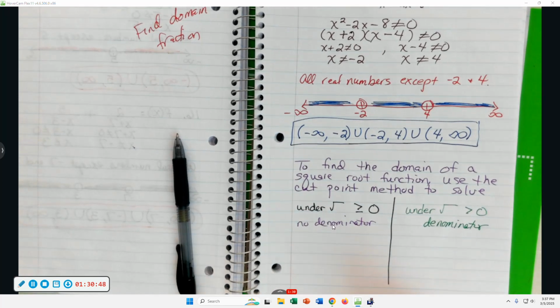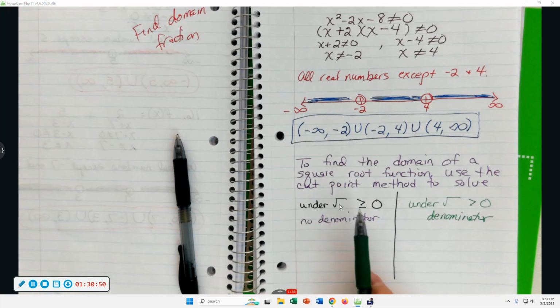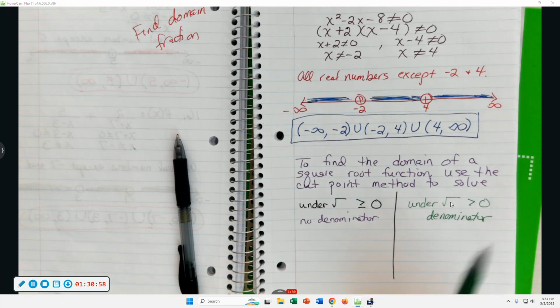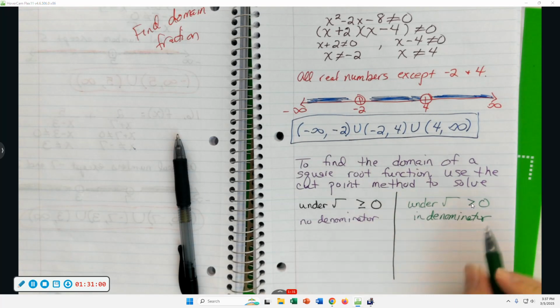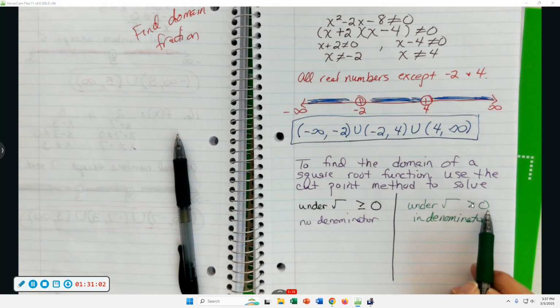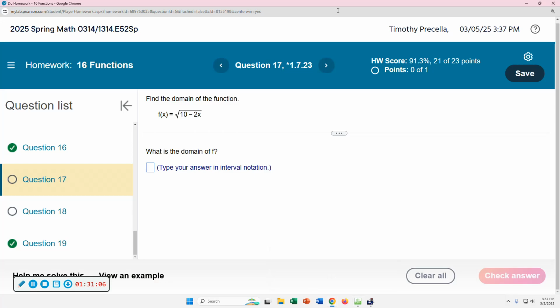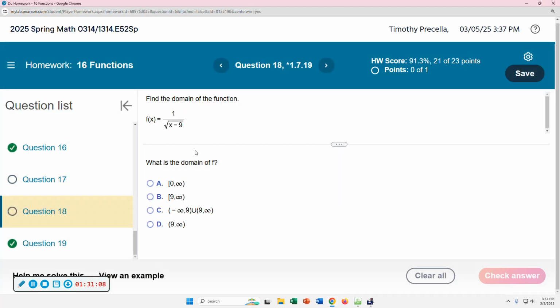If your square root is in the denominator, then the stuff under the radical, you set greater than 0. And why would that be the case? Look at number 18. I wouldn't want to plug in a 9 for x on number 18. 9 minus 9 is what?